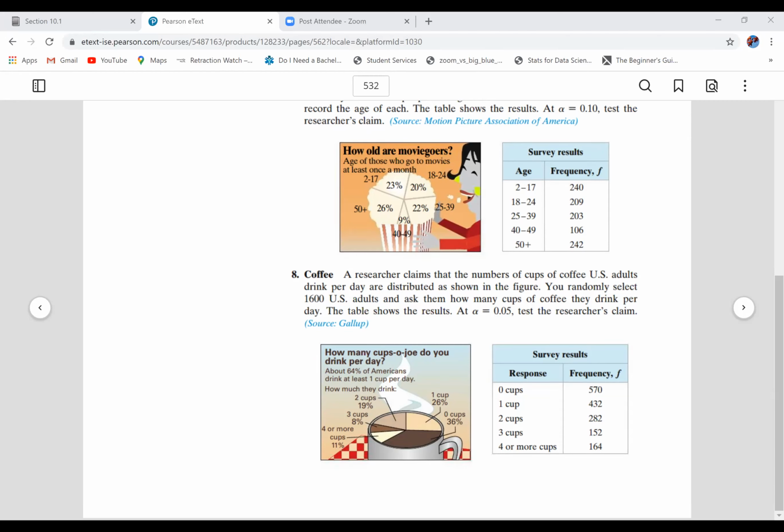So how do I compute the expected values? Okay, we have 36% 0 cups, guys. So you do 36% times 1,600. And let me show you here. 36% times 1,600, so you just do 0.36 times 1,600.